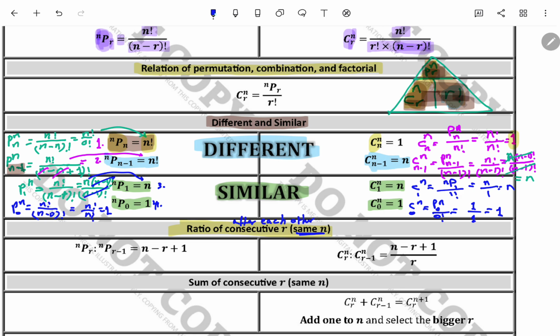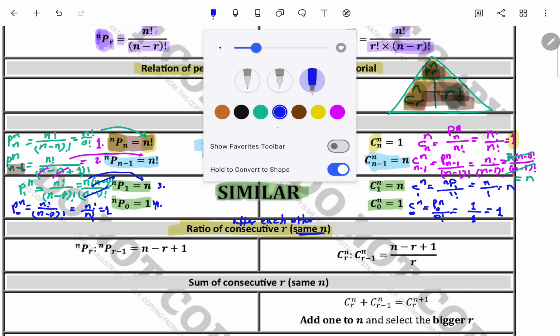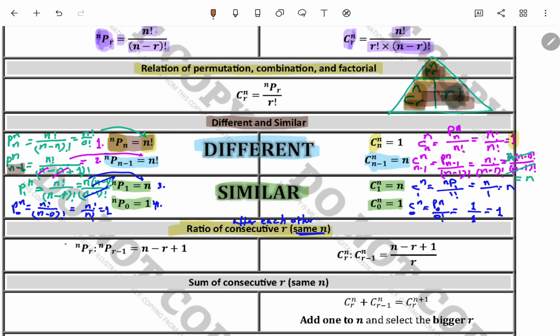For example, in this ratio, we are going to label them, and right here, number 1. We can see that if we want to divide n permutation r by n permutation r minus 1, these two dots mean division. You will get, after proving them, like this.